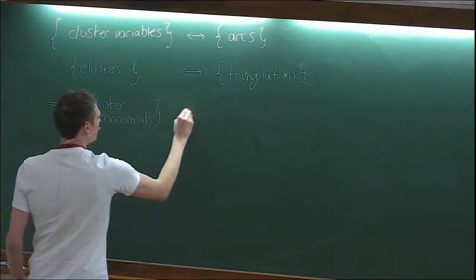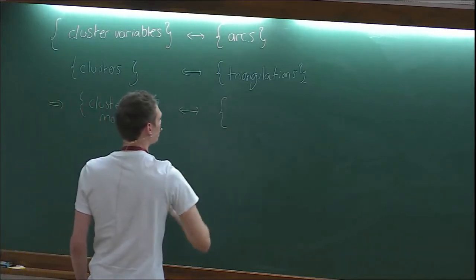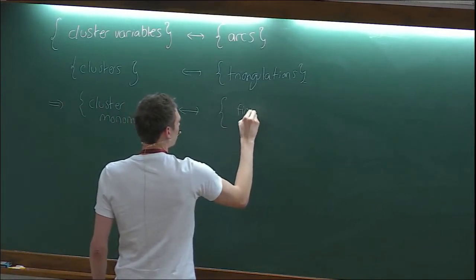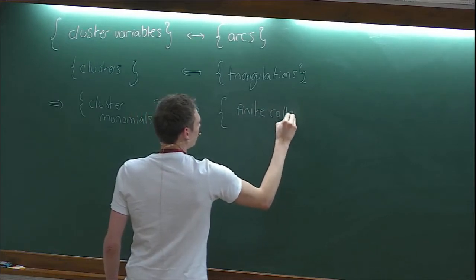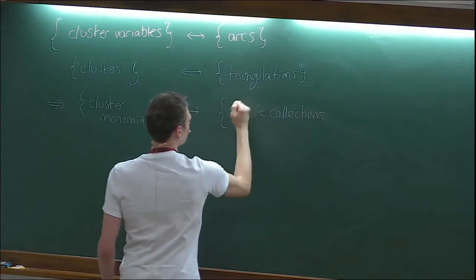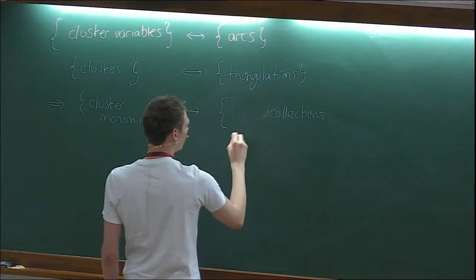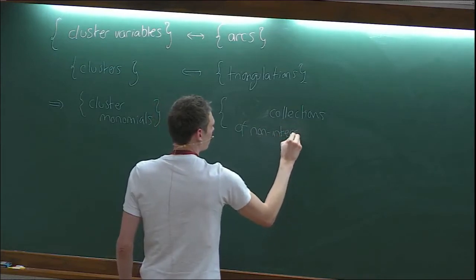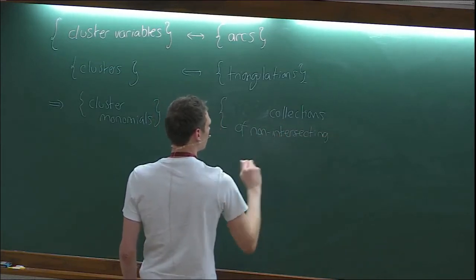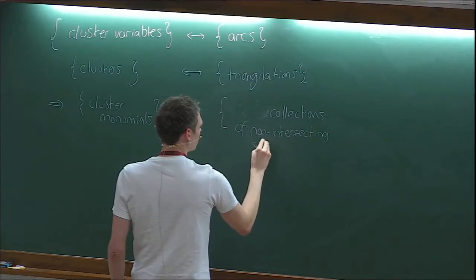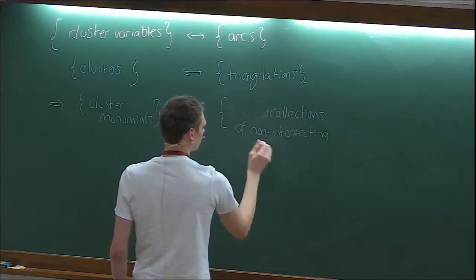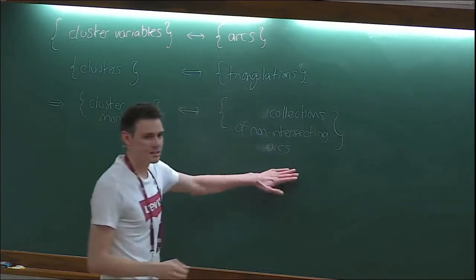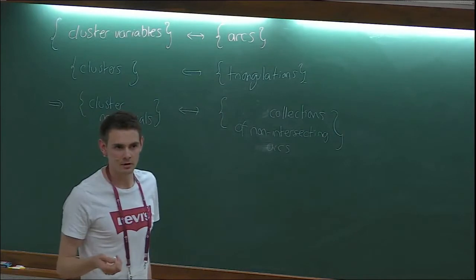It means they correspond to finite collections of non-intersecting arcs. And in this collection, arcs can appear more than once.